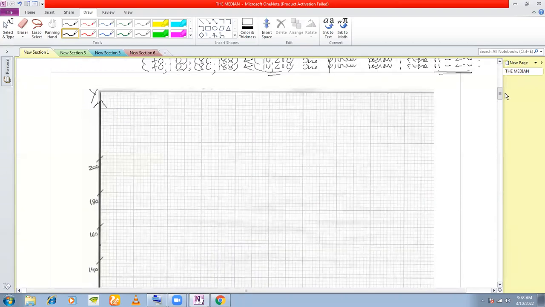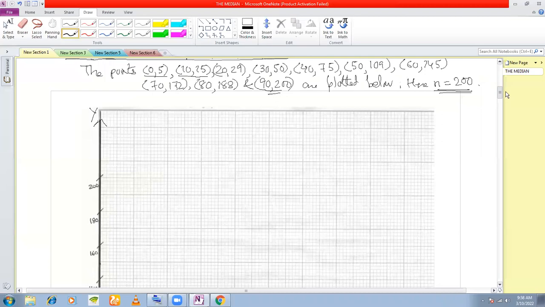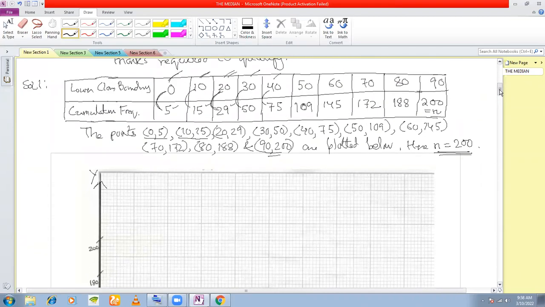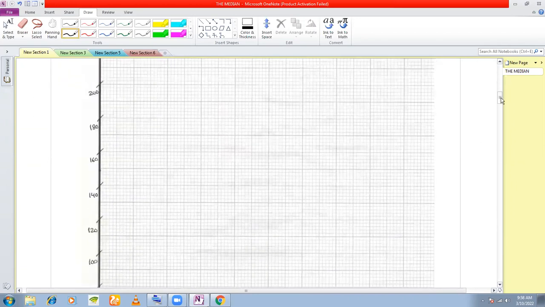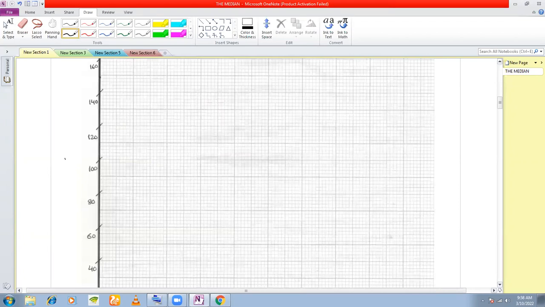And on the y-axis, we are going to plot the cumulative frequencies. That is the number of students. Cumulative frequency is nothing but the number of students. So we'll write here number of students. This is what we are going to plot on the y-axis.